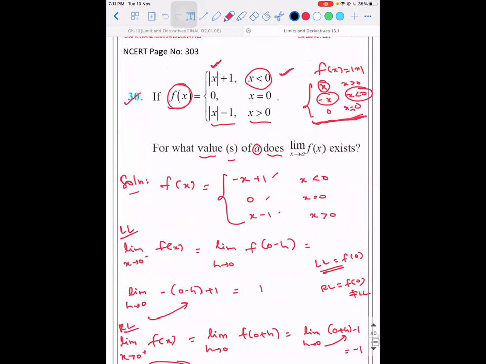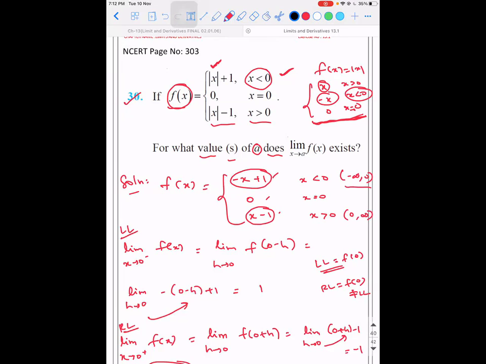Why I said any real number is because, what is the domain of this function, minus x plus 1? According to the question, the domain of this function is minus infinity to 0, because they have told x less than 0. The other way to write it is minus infinity to 0. What is the domain of the function x minus 1? It is 0 to infinity.